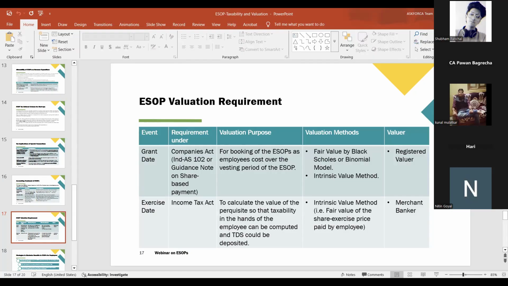And as per income tax, we should get the valuation report of a merchant banker on the exercise date to calculate the value of the perquisite so that we can calculate the taxability in the hands of the employee and TDS could be deposited by the company. This is the valuation requirement in the case of ESOP.